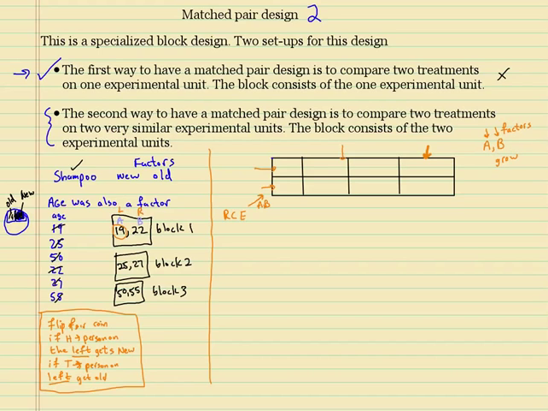So what I could do is cut this in half, and cut this in half, and cut this in half, and within this experimental unit, I could randomly assign A to this side and B to that side. A to this side and B to that side. B to here. Now we're going to randomly do this. A, B, A, B.